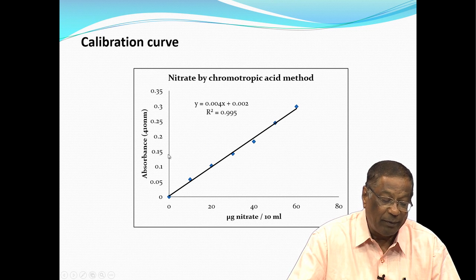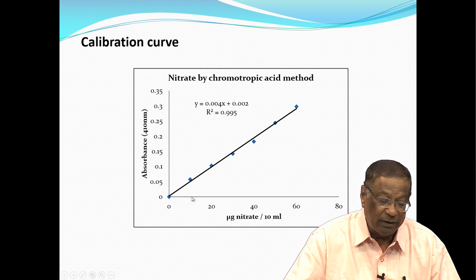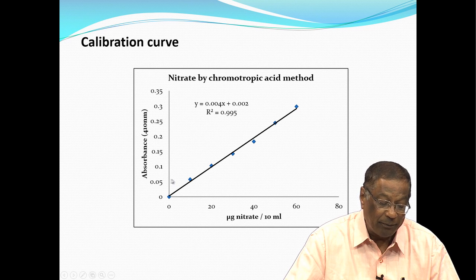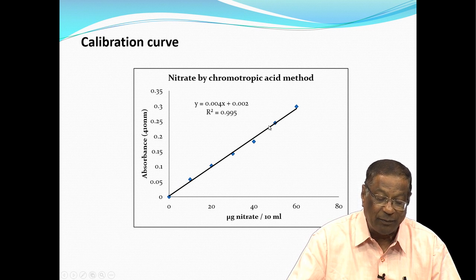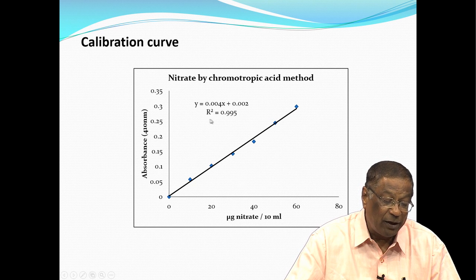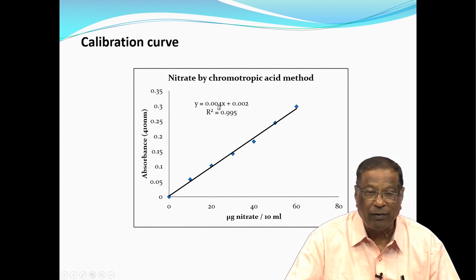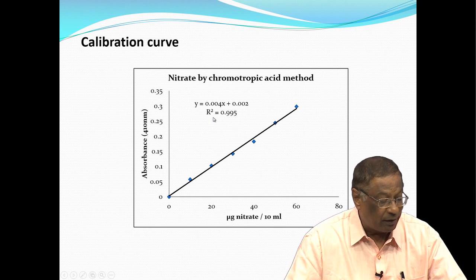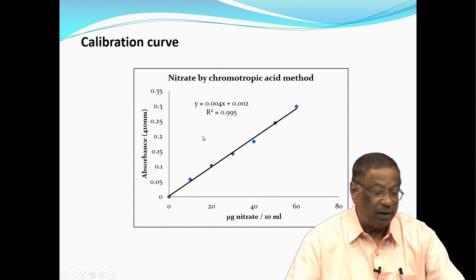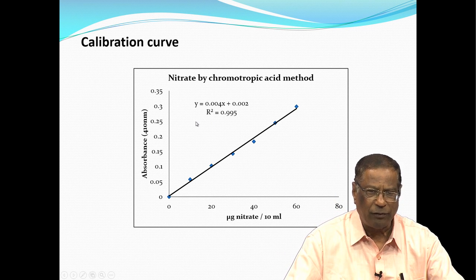So, to maintain the linearity we have fixed it up to 60 ppm, that is 60 micrograms in 10 ml, that is 6 ppm, and you can see that the linearity is quite good, 0.995, even though it is not the least square fit number. 0.995 is not very good.